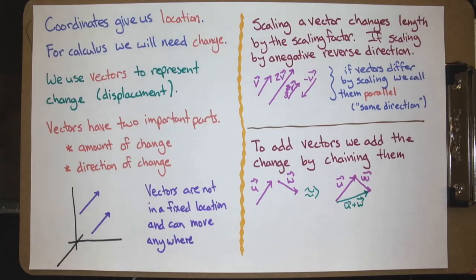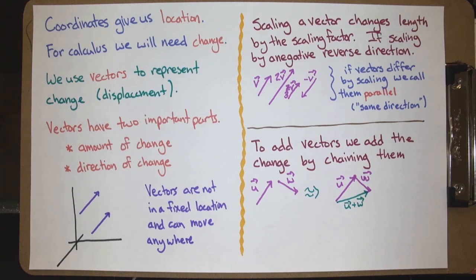There's a couple things you want to do. Well, there's a lot of things you want to do, but we'll start with two. Scaling a vector. Scaling a vector says, I want to change its length. So I can make it twice as long. I can make it half as long. If you scale by a negative, it also says, go in the opposite direction.